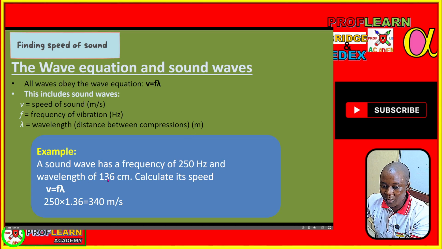So we convert 136, divided by 100, it will be in meters, 1.36. Then we can say speed is equal to frequency, which is 250, times 1.36, which is going to give us 340 meters per second.